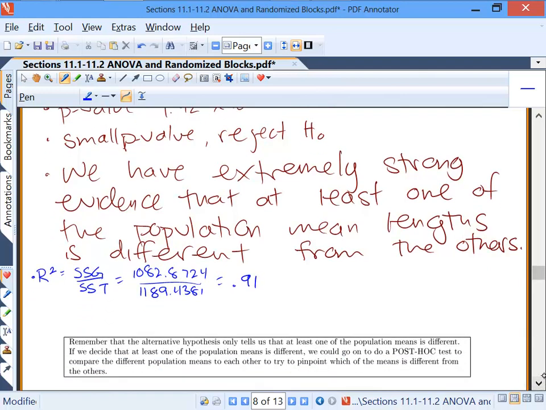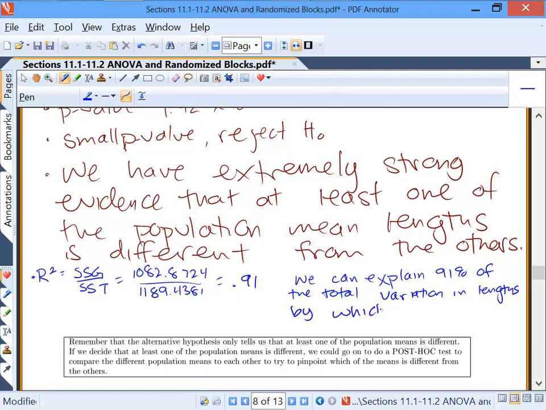So now our R squared is 91%. So what does that mean? That means we can explain 91% of the total variation in lengths by which species they are. And the rest of the variation comes as just natural variation from flower to flower.